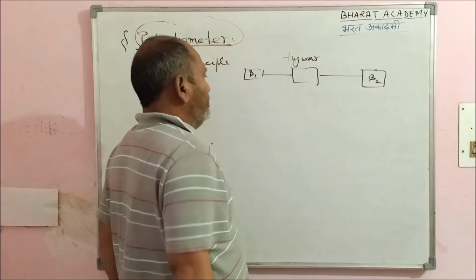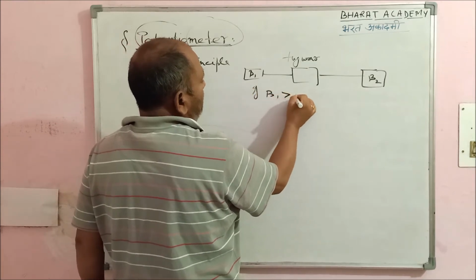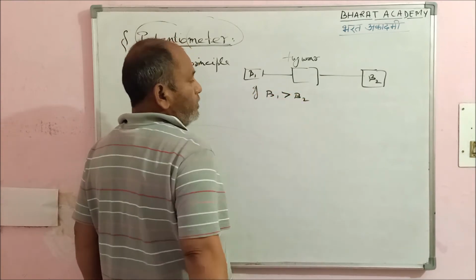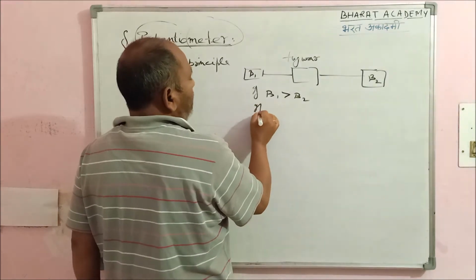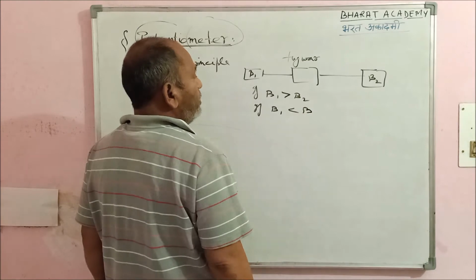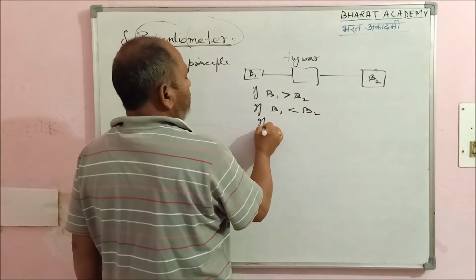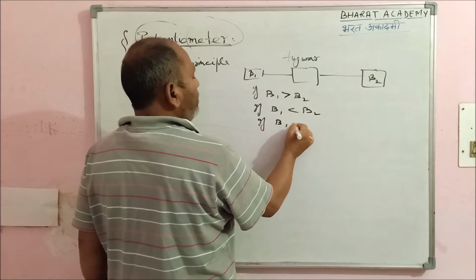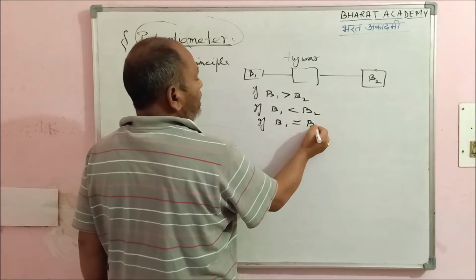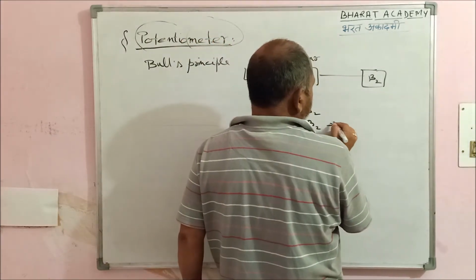What will happen? If B1 is greater than B2, the tug will move towards B1. If B1 is less than B2, the tug will move towards B2. And if B1 equals B2, this is known as equilibrium condition.